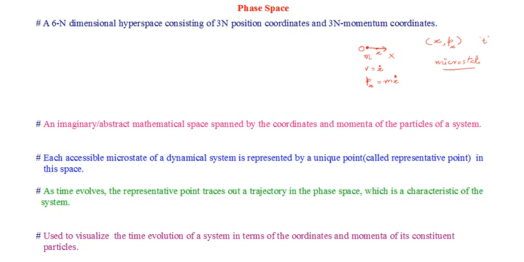In order to represent the microstate of a classical system, we will be representing the instantaneous position and momenta of the particle in a graph or in a coordinate system with position coordinate and momentum coordinate along the axes.